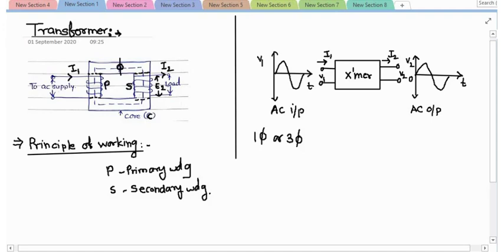Obviously, students, there is one question in your mind. If instead of AC supply we apply DC supply across the primary winding, what will happen? It should be noted that transformer action is not possible with direct current of constant magnitude. Why? Because the flux produced by the direct current is not alternating, but of constant magnitude.